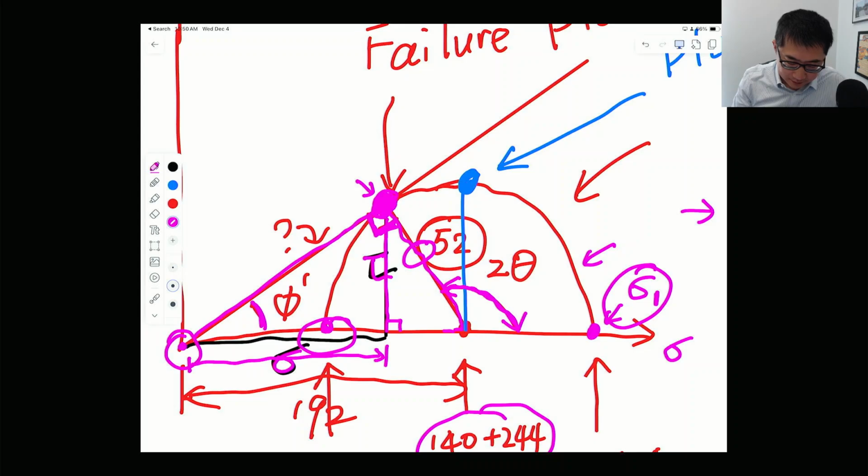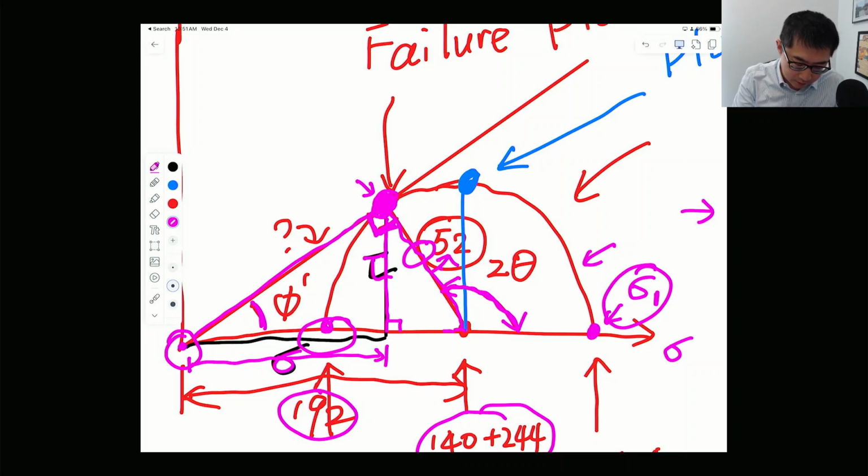To find that, we can use the previous bigger triangle because we already know the leg over here is 52, and the hypotenuse over here is 192.